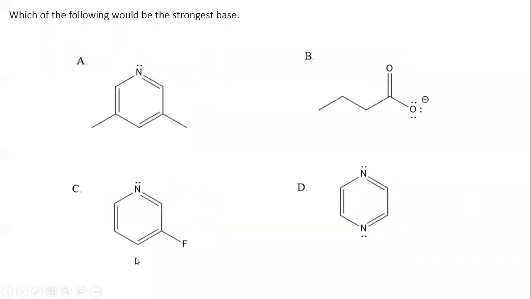So here again we have a series of 4 compounds. And you'll notice that some of these have nitrogen, so they're amines.